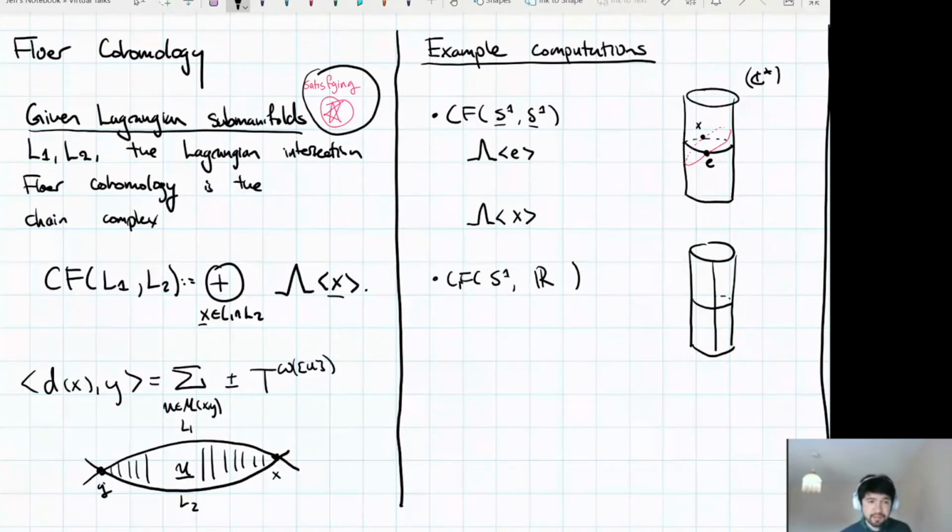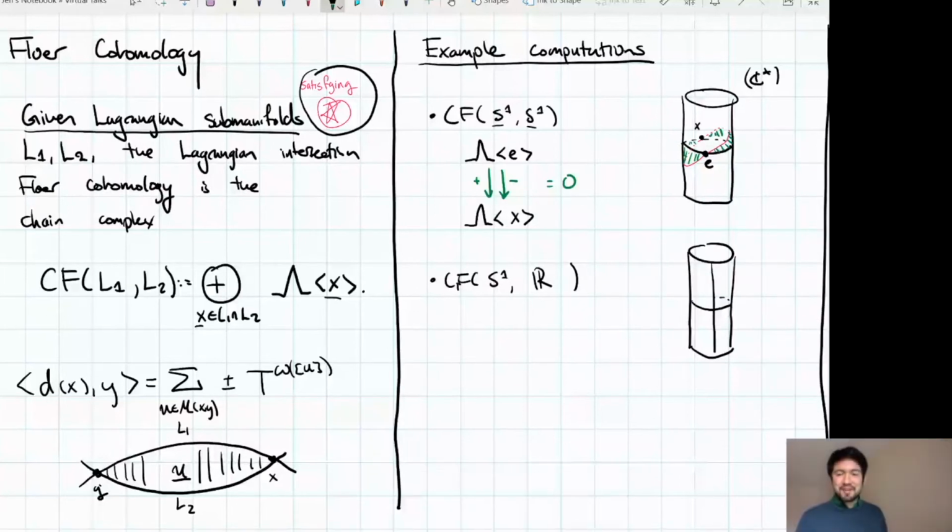And then the differential is supposed to count the holomorphic strips which travel from the first intersection point. On the left-hand side, there's a little strip that goes from E to X. And on the right-hand side, there's another strip that goes from E to X. Okay, so we have these two strips.